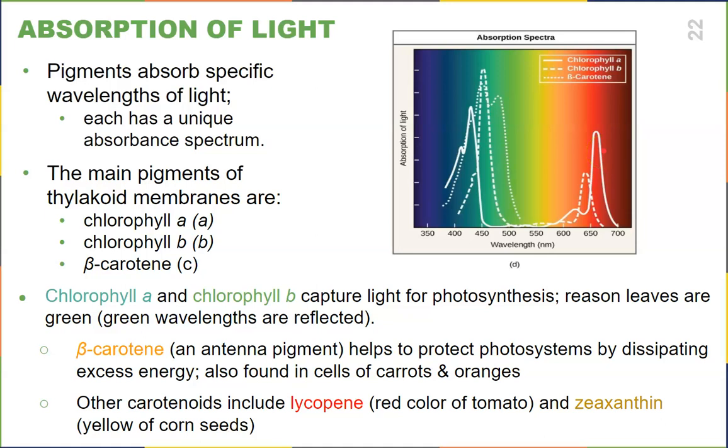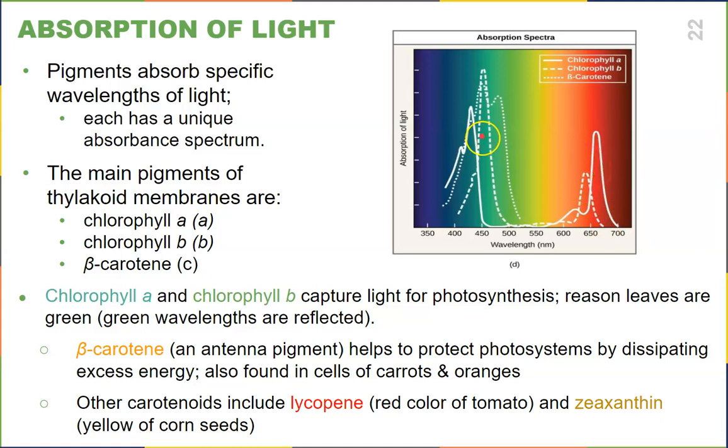And so if they're getting these longer wavelengths with less energy, they're going to need a pigment that can capture that. Chlorophyll A is really good at capturing those longer wavelengths with lower energy, and chlorophyll B is pretty good at capturing it too. So plants like pine trees that are made for cold weather in northern Canada are going to have a lot of chlorophyll A and B, so that they can capture those longer wavelengths.